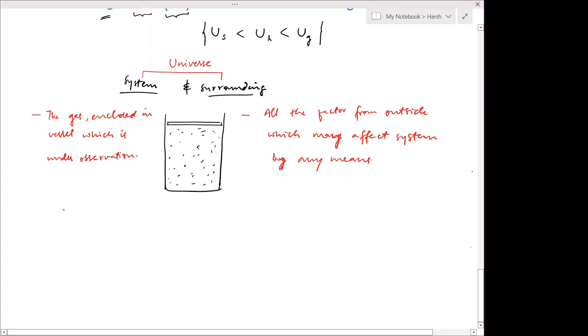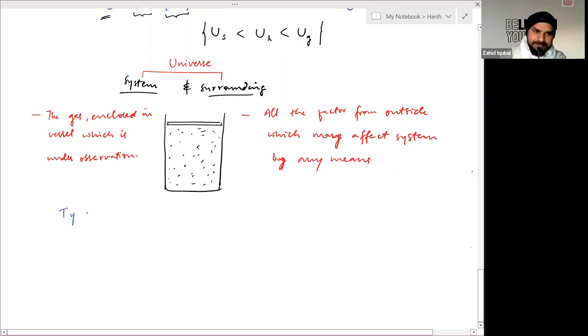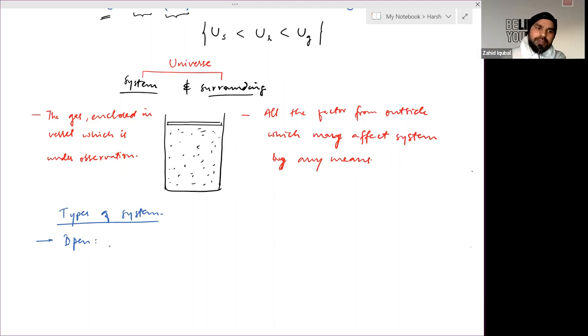Now we have some different types of system. First is open system. A system which allows exchange of both energy as well as matter with surrounding is called open system.